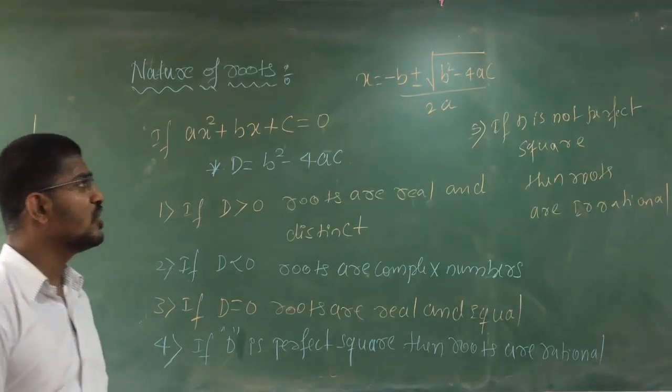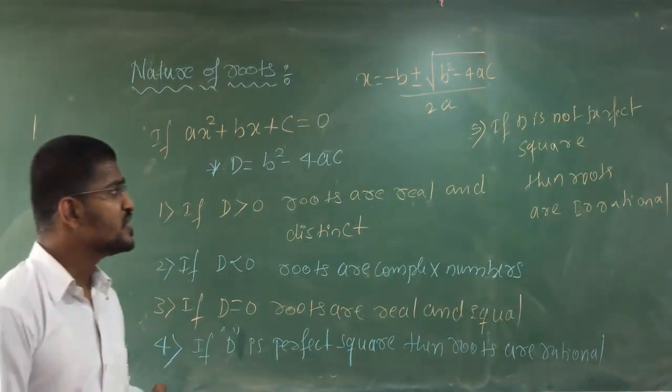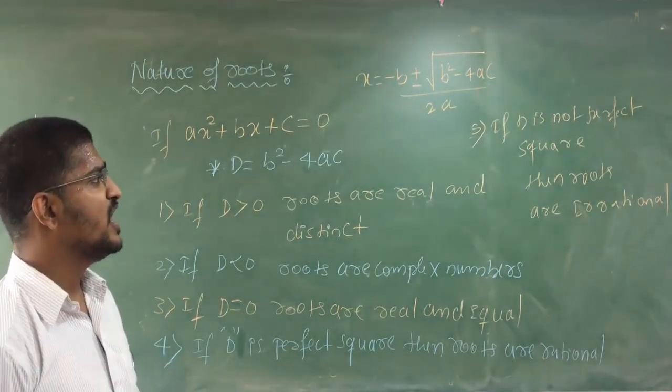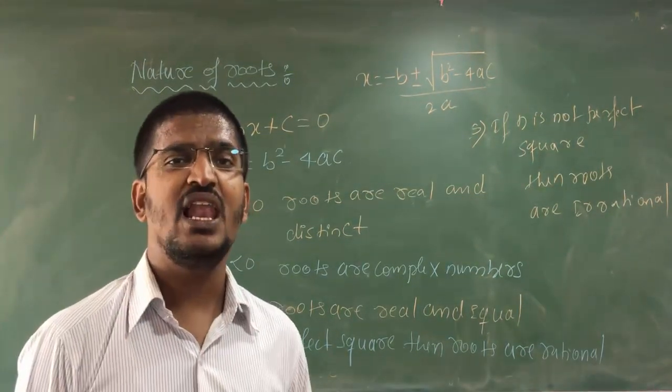I think you got what I am explaining. If D is perfect square, they are rational. If D is not perfect square, they are irrational numbers.